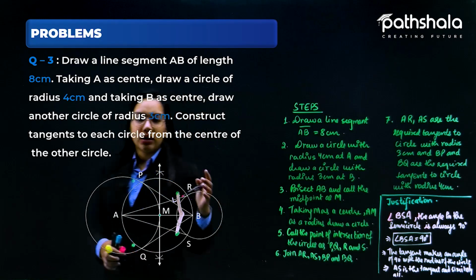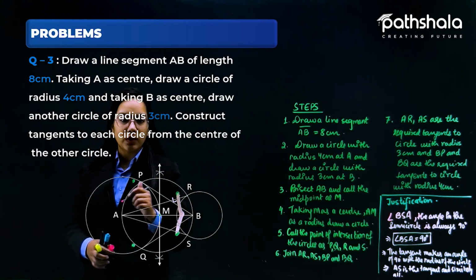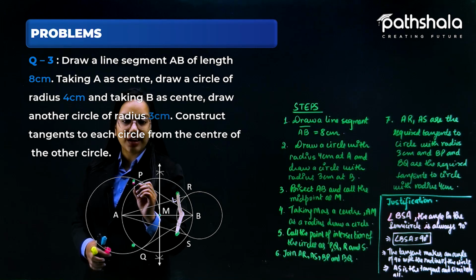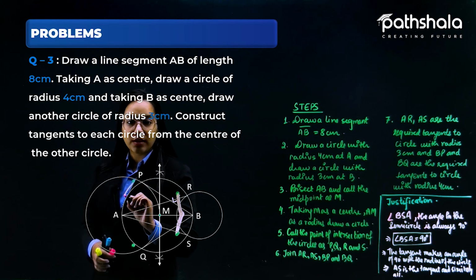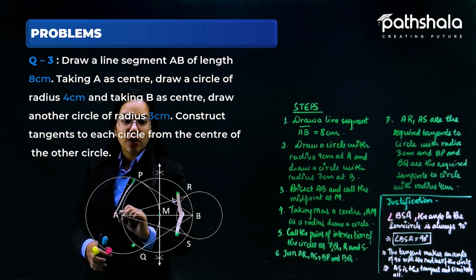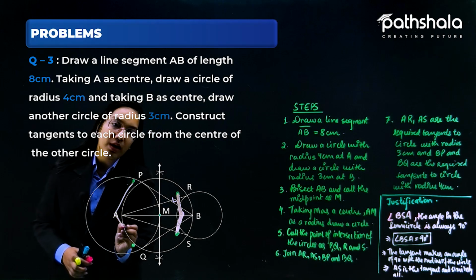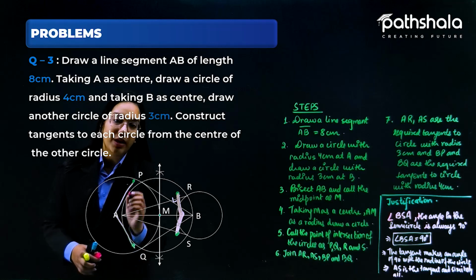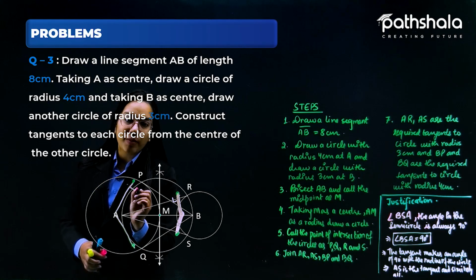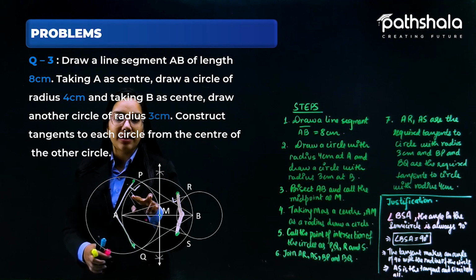And similarly, like I did for this particular circle, let us suppose I join this A and P. If I join A and P, we can also say for AP and AQ again that they are forming an angle of 90 degree because this is the angle in the semicircle.